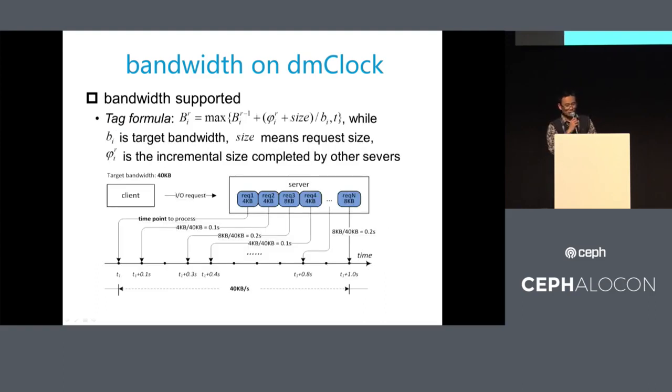So how do we implement bandwidth on dmClock? Similar to the calculation of the limit tag, we get the bandwidth tag calculation formula. Here is the calculation formula.